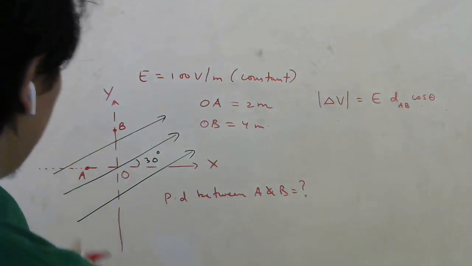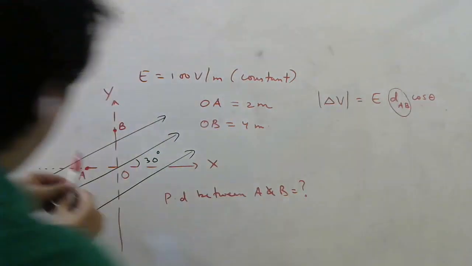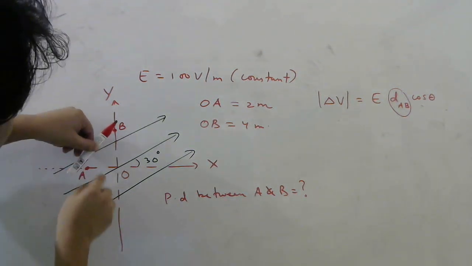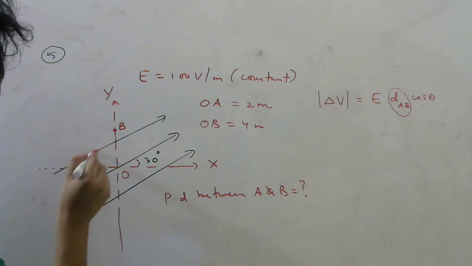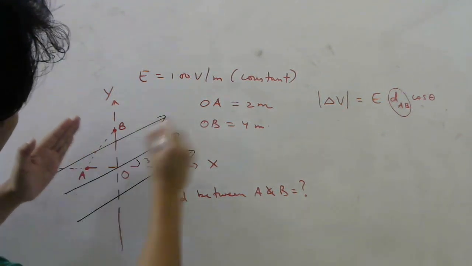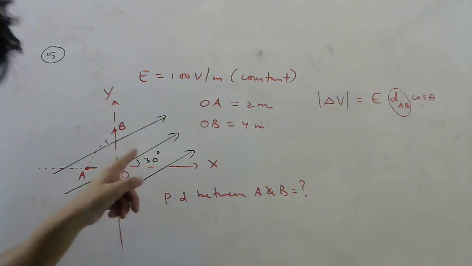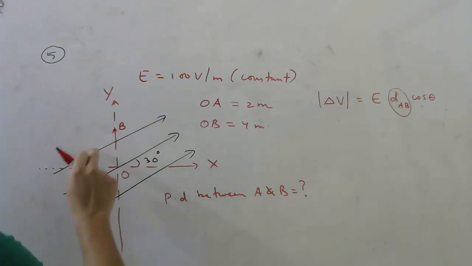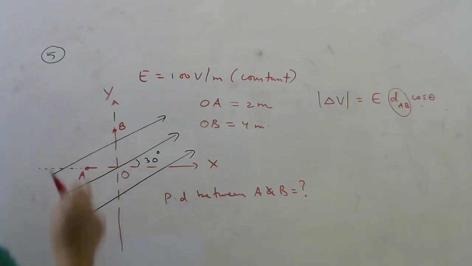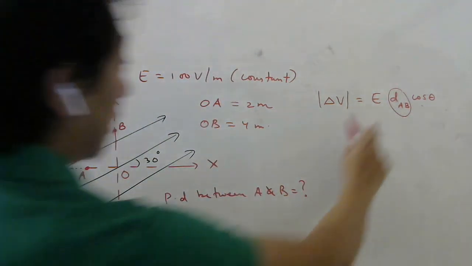But look here, E is this way. This displacement will be this one. So we don't know this angle, right? We want the angle between this D and this E, which we have no idea. Don't say 30 degree. 30 degrees is the angle between electric field and x-axis. So directly it is difficult to find potential difference between A and B using this formula.